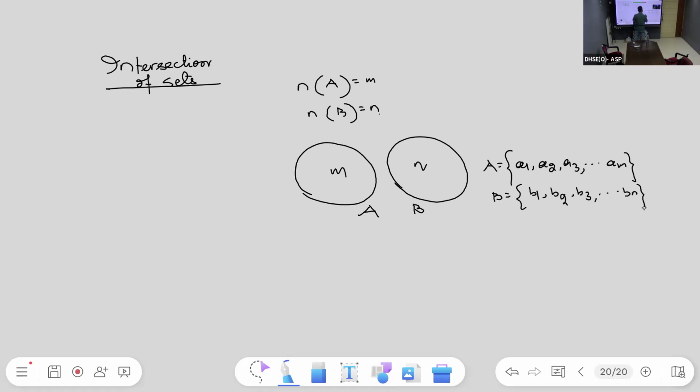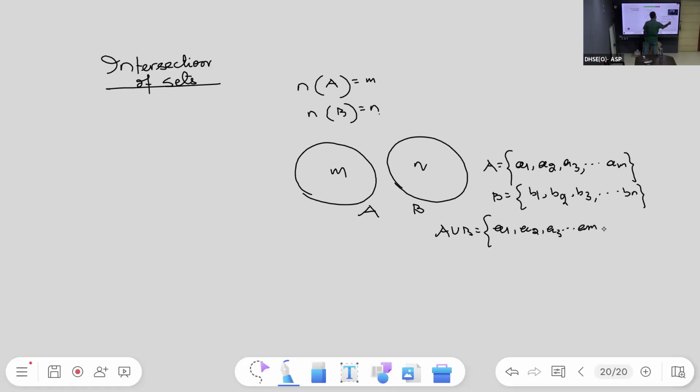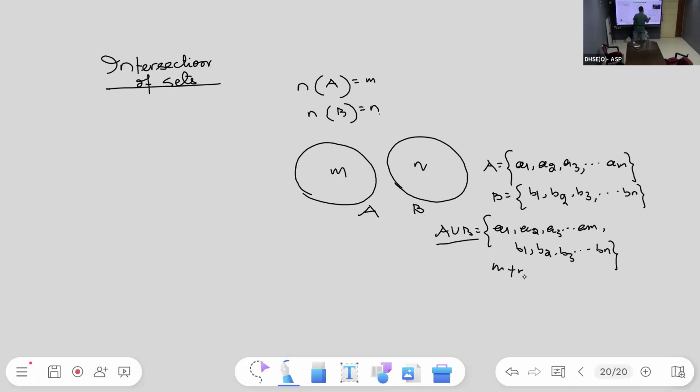Now tell me what will be A union B? A union B is equal to A1, A2, A3 up to Am, B1, B2, B3 up to Bn. So the number of elements in A union B is M plus N.